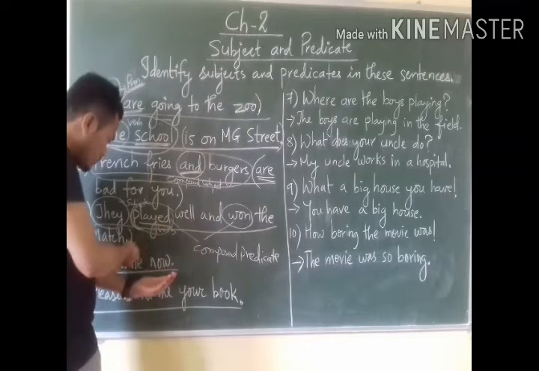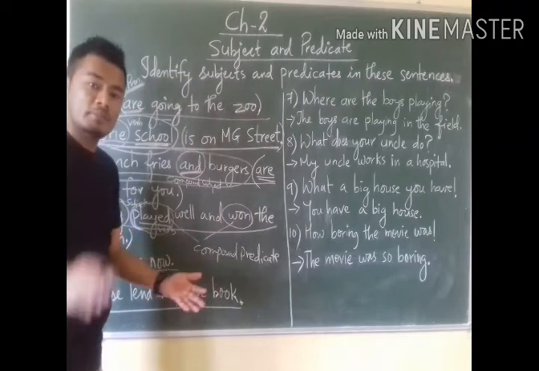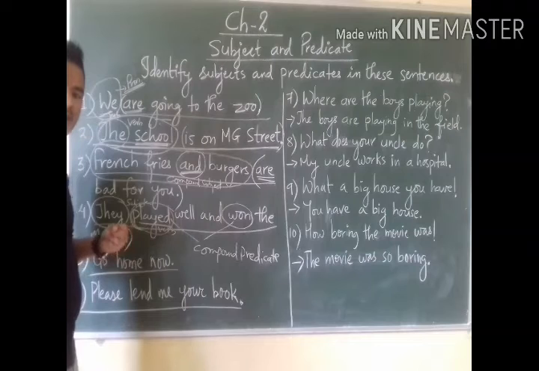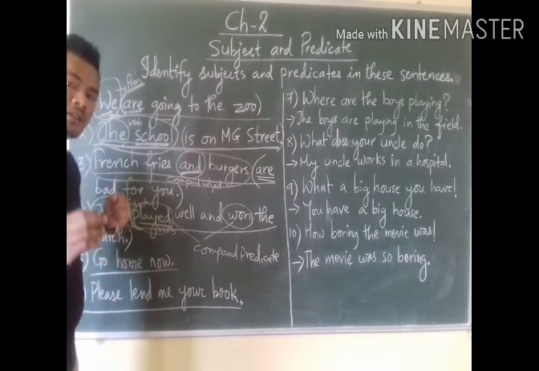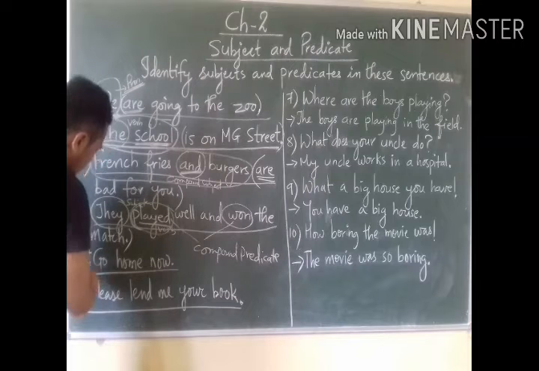Okay, if you say the same sentence to someone, go home now, that means you mean to say you go home now. So in case of imperative sentences, the subject has to be understood as you. So we have to note down that you is used as the subject.